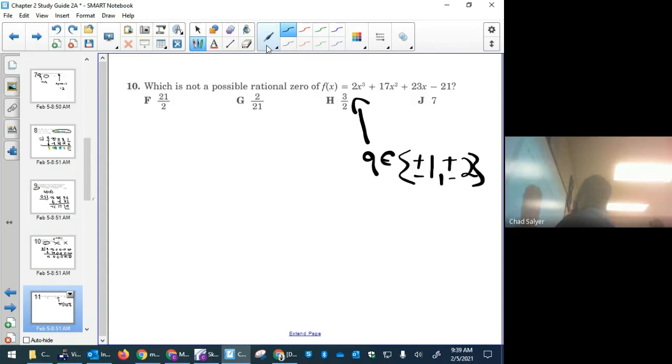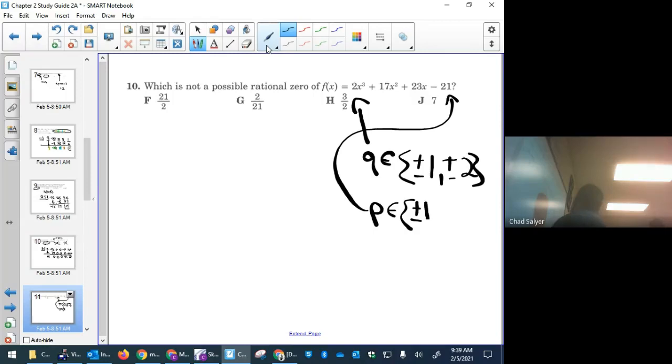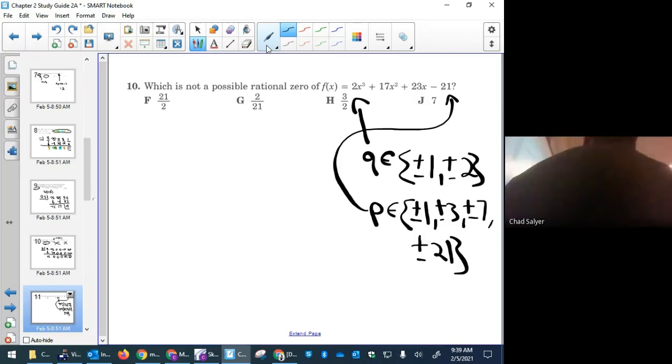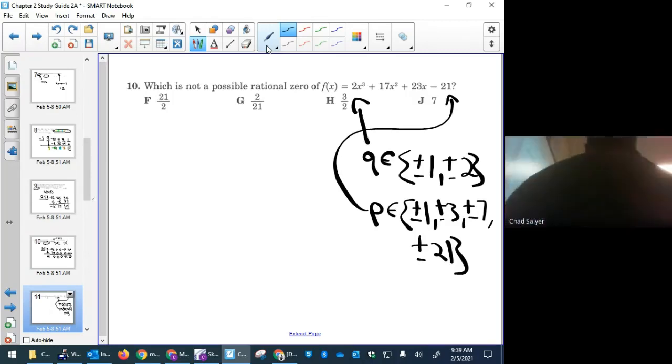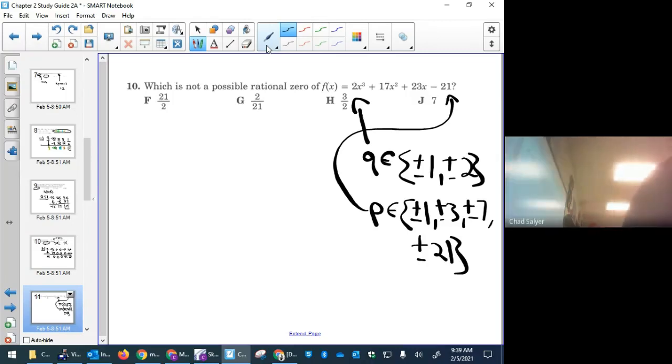And then my numerator is quite a larger set here. 1, plus or minus 3, plus or minus 7, plus or minus 21. So I'm looking for something that has a numerator not in this list, or a denominator not in this list, or something that doesn't reduce to it.